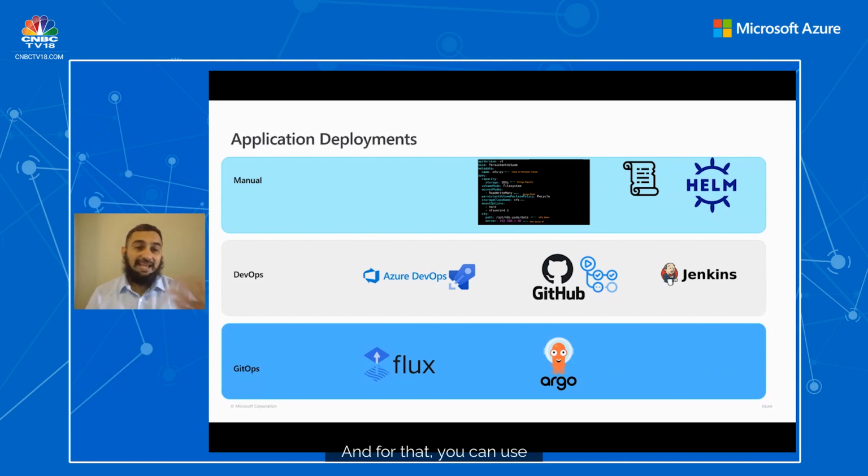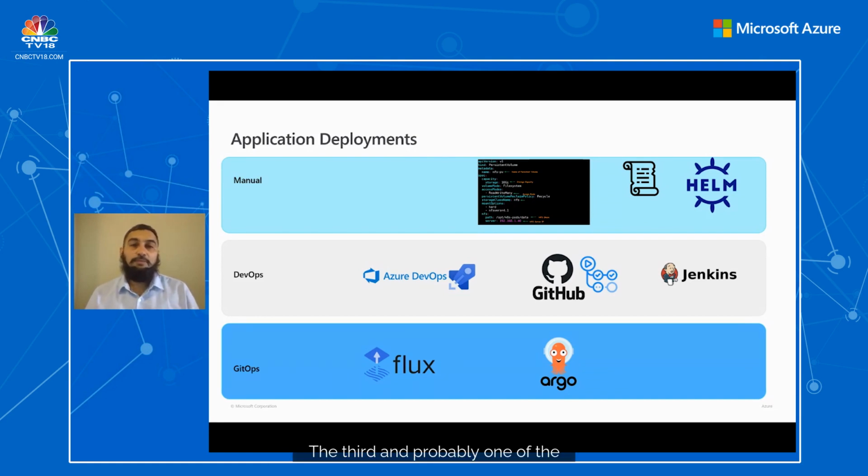And for that, you can use Azure DevOps with Azure DevOps pipelines, because we already give you support for Kubernetes, and you can directly connect to it. You can also use GitHub with GitHub Actions, and if you have any third-party CI/CD tool, those work as well. Jenkins or GitLab, all of those will work with AKS. You just need a way to connect to those systems.